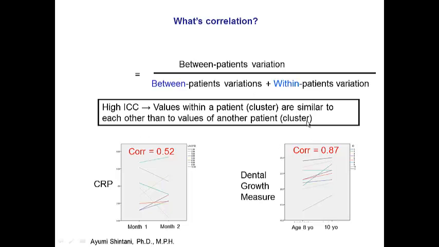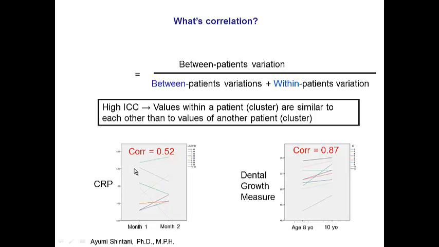The analysis we focus on is really what happened within a patient. We are not comparing what happened among patients, because we want to know how the dental growth measure changed for this girl between when she was 8 and when she was 10. So the analysis should focus on within patient variation. But in order to do that, we have to remove between patient variation.